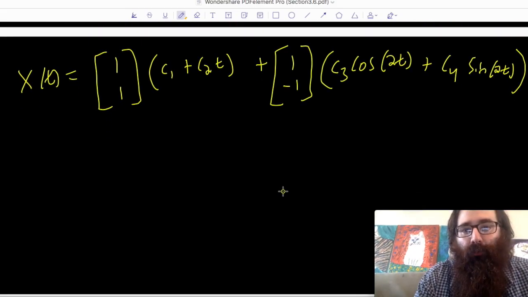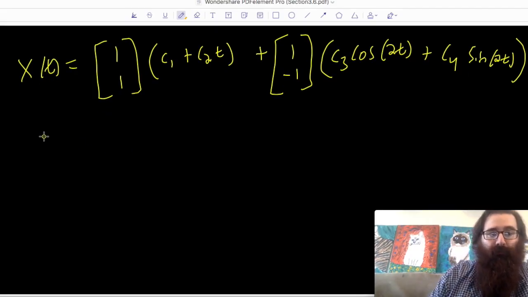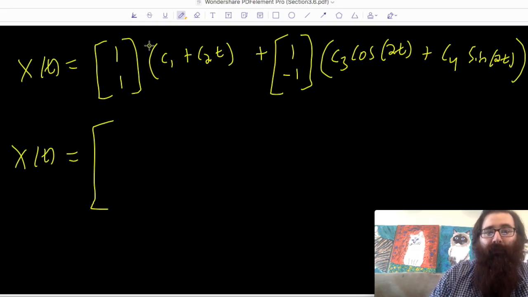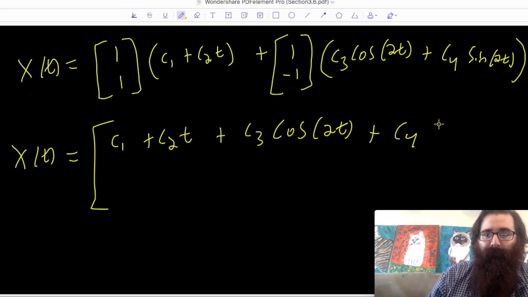But now what I can do is go ahead and expand this out and try to get my separate solutions. So here, x at t, let's still work with vectors for a bit, and I'll get a big vector. For the top entries, it's 1 times c sub 1 plus c sub 2t, which is c sub 1 plus c sub 2t, plus 1 times my cosine and sine, so plus c sub 3 cosine 2t, plus c sub 4 sine of 2t.